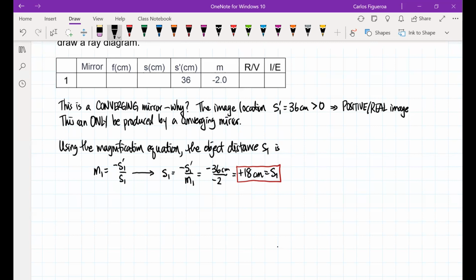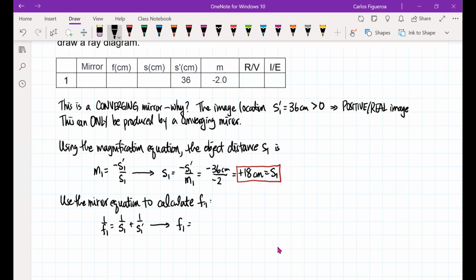So now I need to calculate the focal length. I'm now going to use the mirror equation to calculate F1. So F1 has to be the inverse of the object plus the inverse of the image, which if I mathematically solve, I get F1 equals S1 times S1 prime, over S1 plus S1 prime.